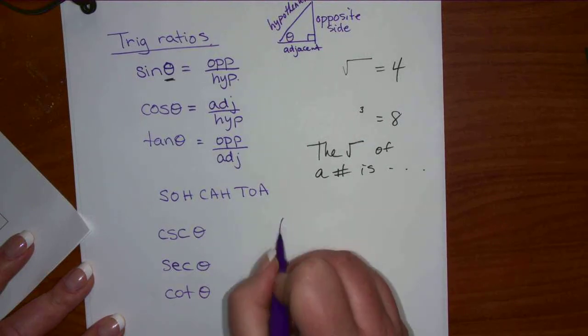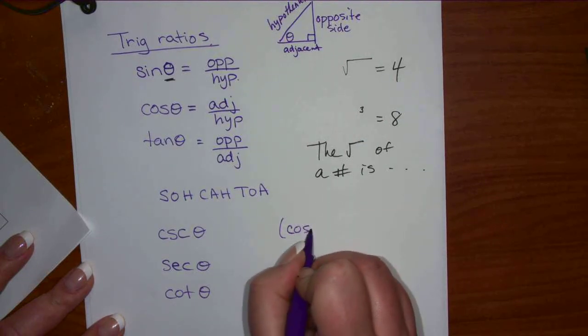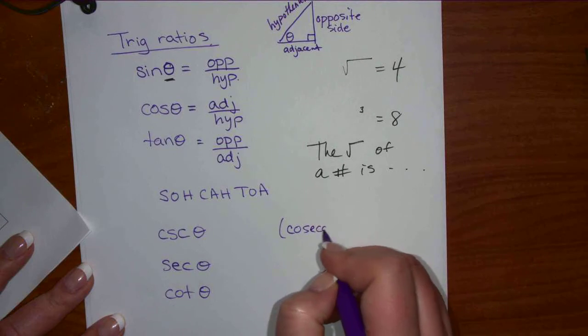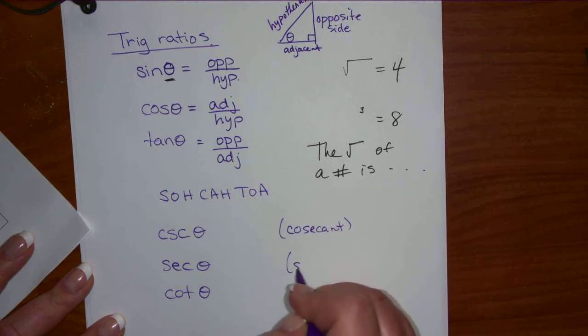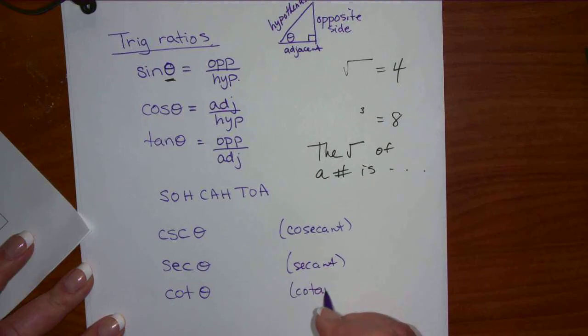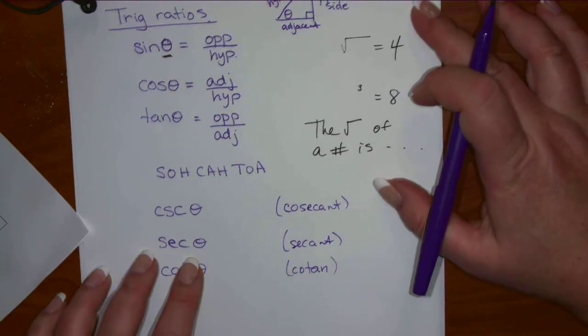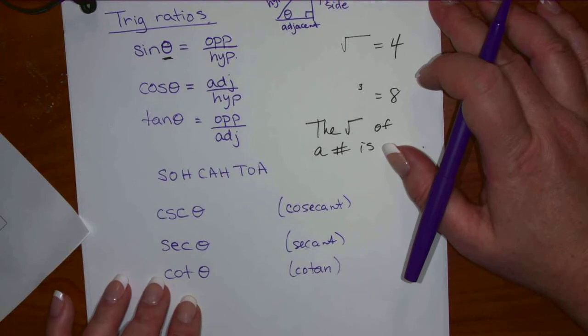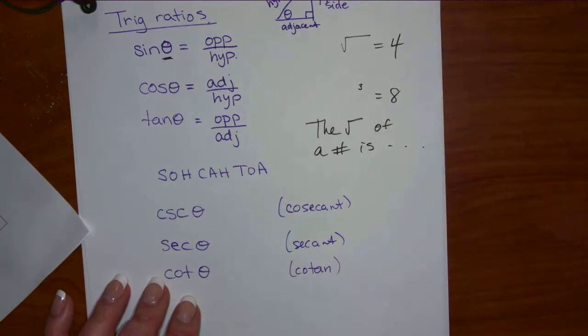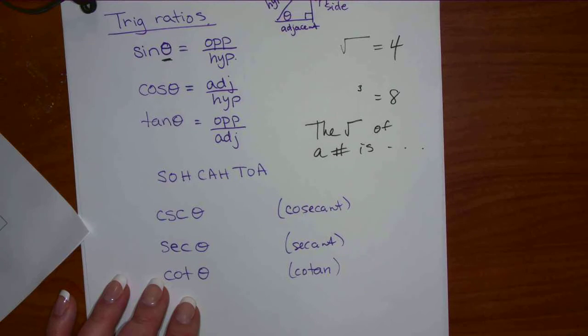So cosecant, secant, and cotangent, or cotan. What are they the opposite of? They're actually just the, not inverse, that's the wrong word. If you're in French, you would have said inverse.